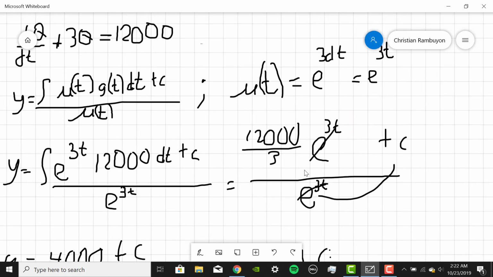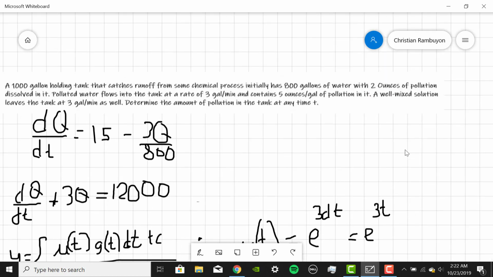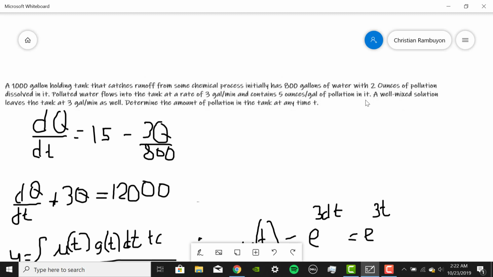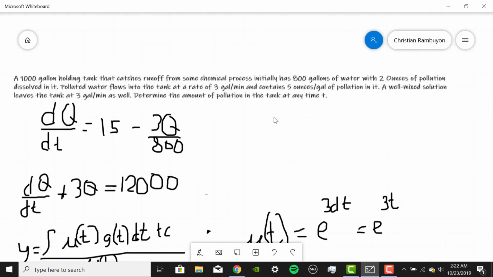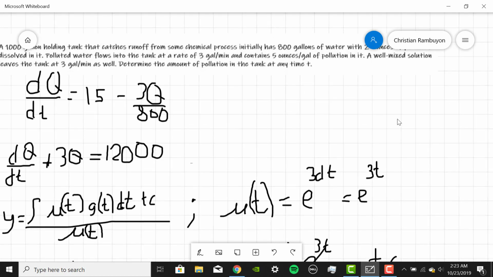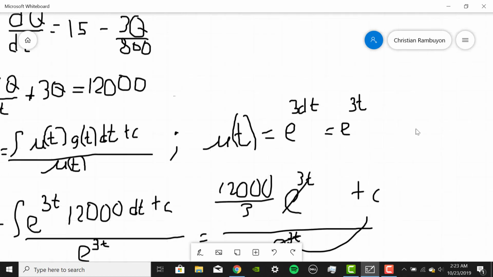Why did we use 2? As it is stated in the given, with the ounces of pollution dissolved in it. So we are finding the amount of pollutants in the tank at any time t.